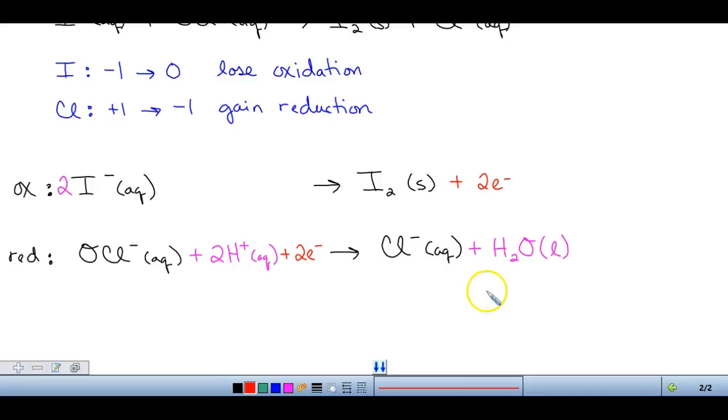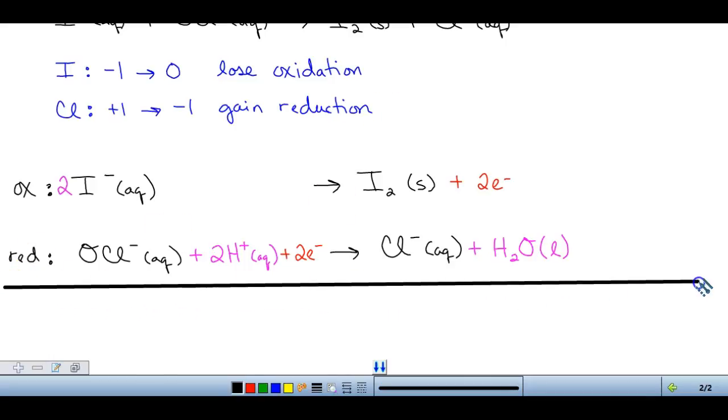And actually our electrons this time are going to cancel out on their own. If your electrons do not cancel out, you have to multiply both halves by a factor so that when you sum the half reactions, they will cancel out. But I apparently picked an easy one for this particular tutorial.